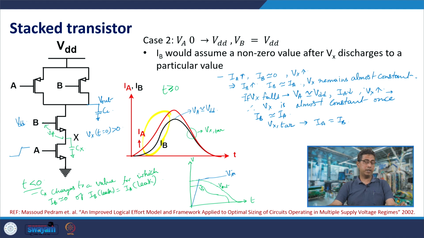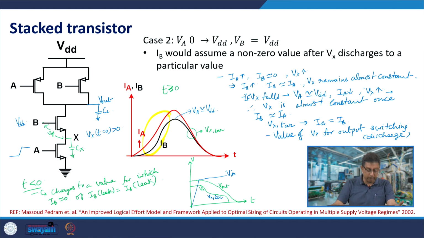So Vx remains at Vx star and the output discharges as shown here. The effective value of Vx for the output switching is Vx star.